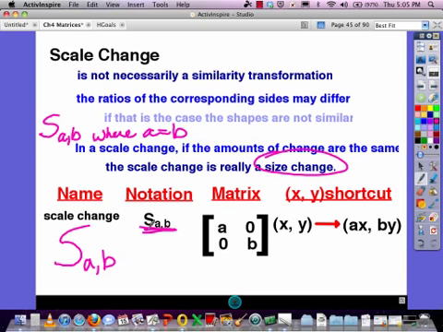So if you multiply a point matrix by your A, 0, 0, B matrix, so we've got a 2 by 2, times a generic point, x, y, and you multiplied that out, first row, first column, you'd get Ax. Second row, second column, you would get By. So the shortcut is the x values get changed by A, and the y values get changed by B.